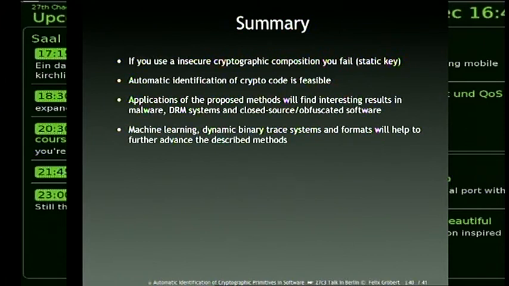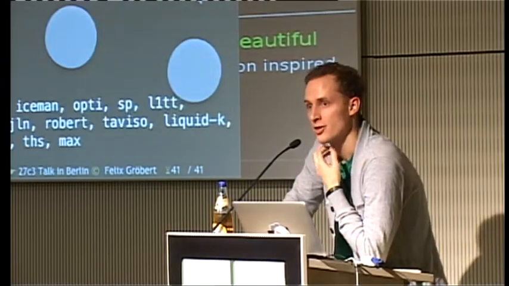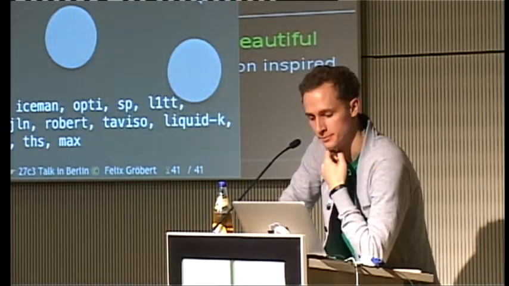The applications of the proposed methods include malware, DRM systems, closed source, obfuscated software, and my guess is that it will find interesting results. Further work, of course, has to be done with machine learning, and in the dynamic binary instrumentation systems. So thanks for your attention, and I'm open to questions now.